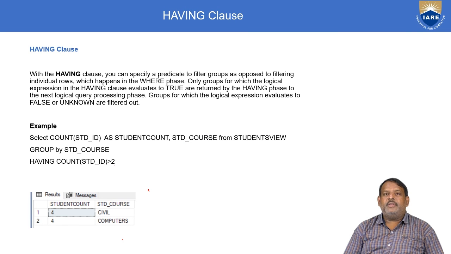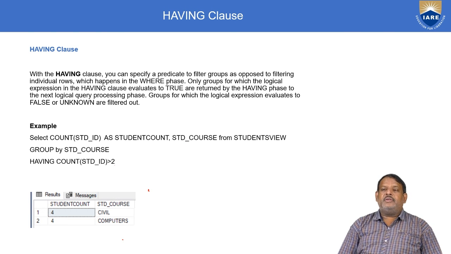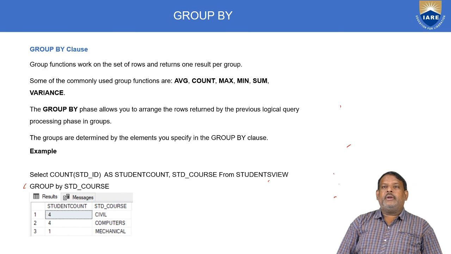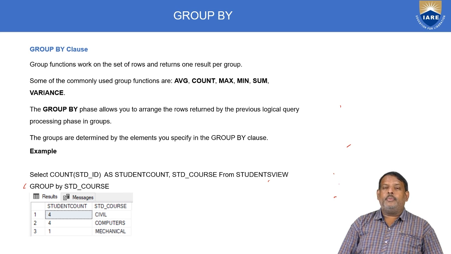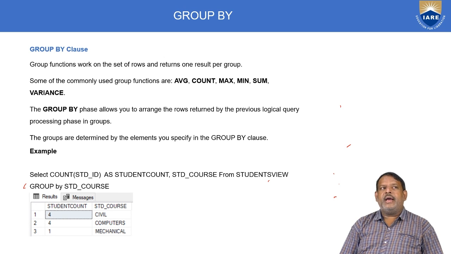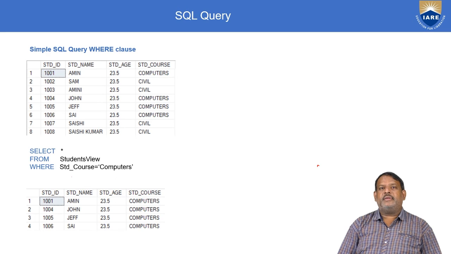Then we also have the HAVING clause, which is used to apply a filter on a group. The GROUP BY clause is used to group your data, and the group can be any of your column names. The group functions are average, count, max, min, sum and variance.